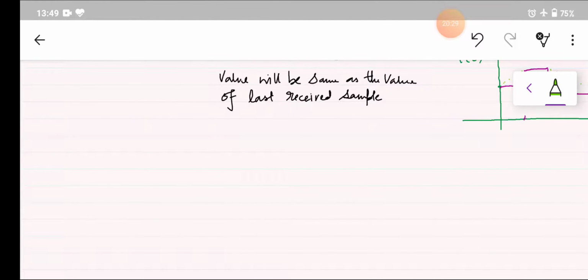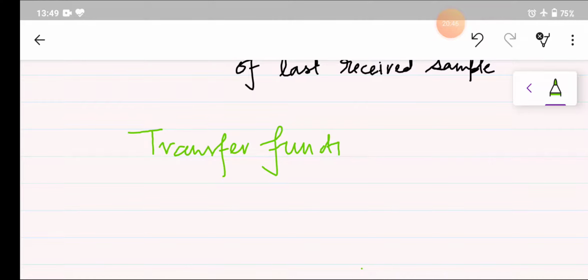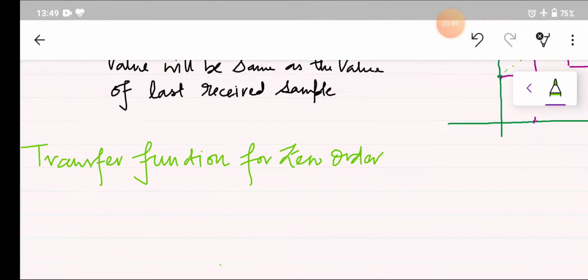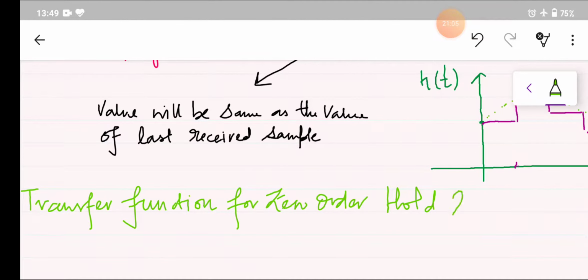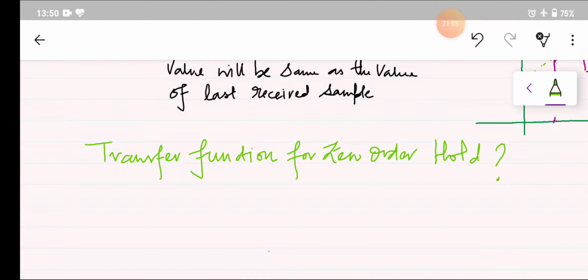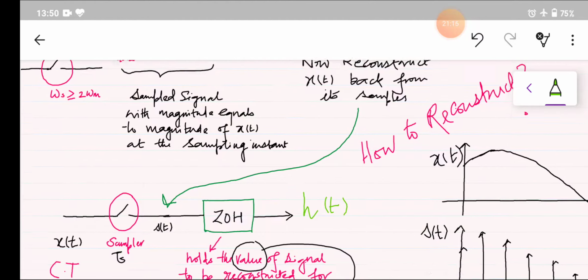Okay, so in the next video lecture we will see what will be the transfer function of a zero order hold circuit. So let us quickly revise what we have learned today.